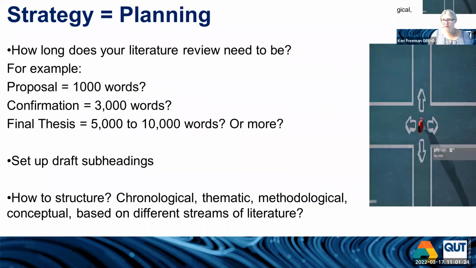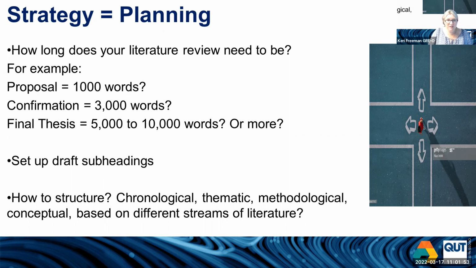As part of your strategy for writing a lit review, we need to do our planning. Like everything, try to schedule time for that planning, that big picture thinking. You don't need hours on it, but spending half an hour or an hour every two, three, four weeks to see where you're at is a good strategy. So with your lit review, how long does it need to be? That's really something to work out. Is it 1,000 words?